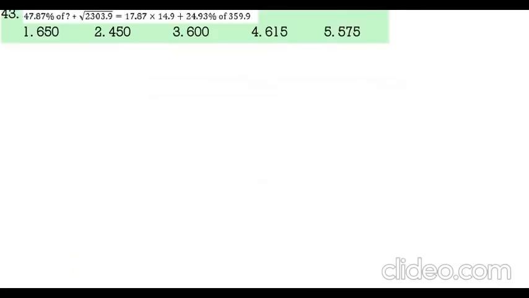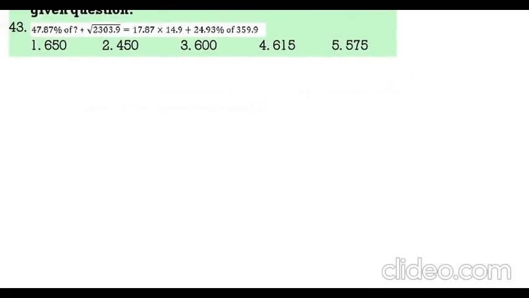Next question. 48% of x plus root of 2304. This is 48. Now 48x by 100 plus 48 is equal to 18 into 15. That is 270. And 25% of 360, that is how much? 1 by 4 of 360, 90.